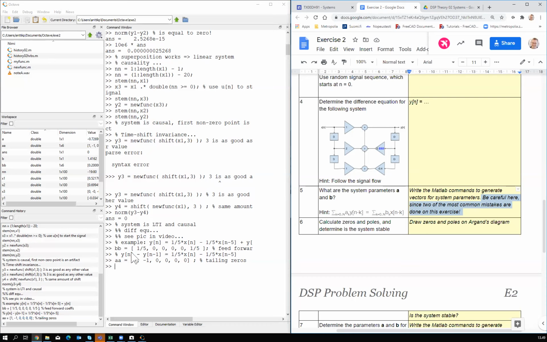Another error is that you will swap A and B. It is a commonly used habit to call the system coefficients with the variable A for the output and feedback, and B for the input terms.